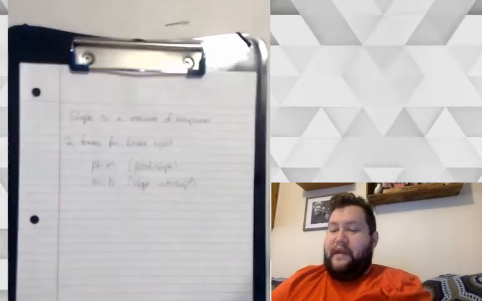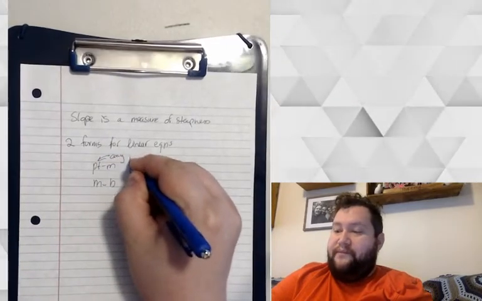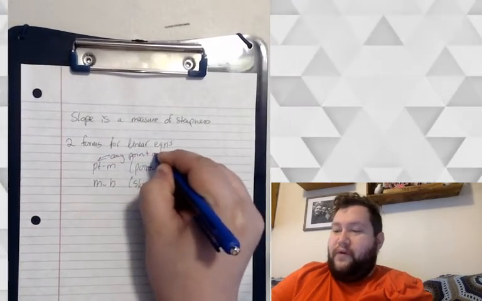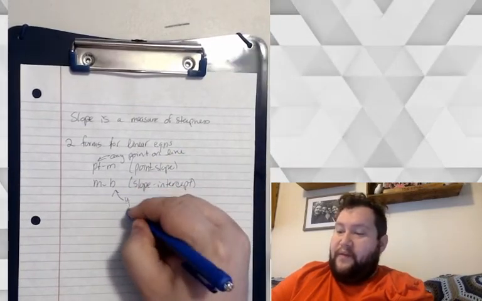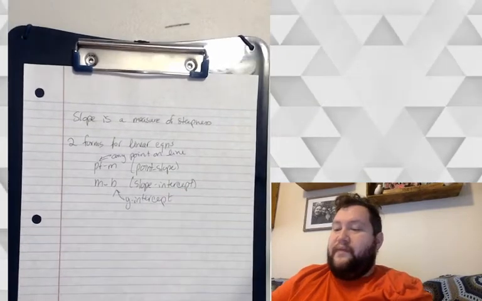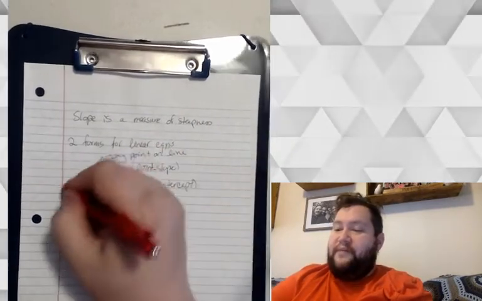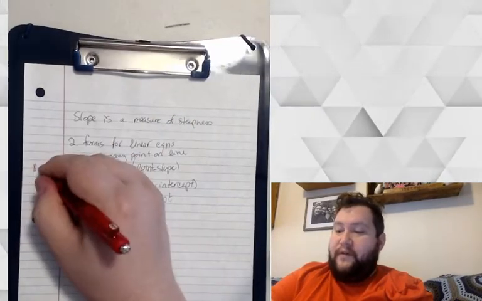The point can be any point on the line, and b is always our y-intercept. Slope-intercept form is unique, and point slope is not.